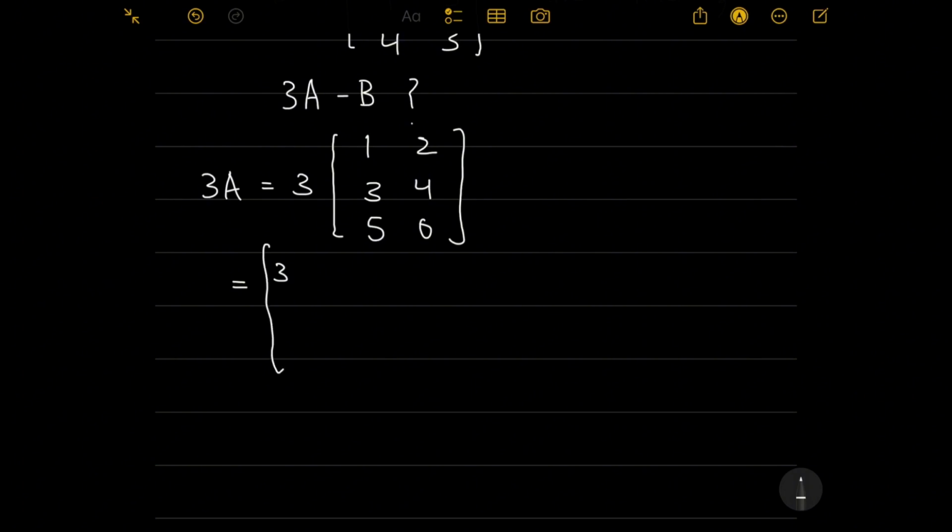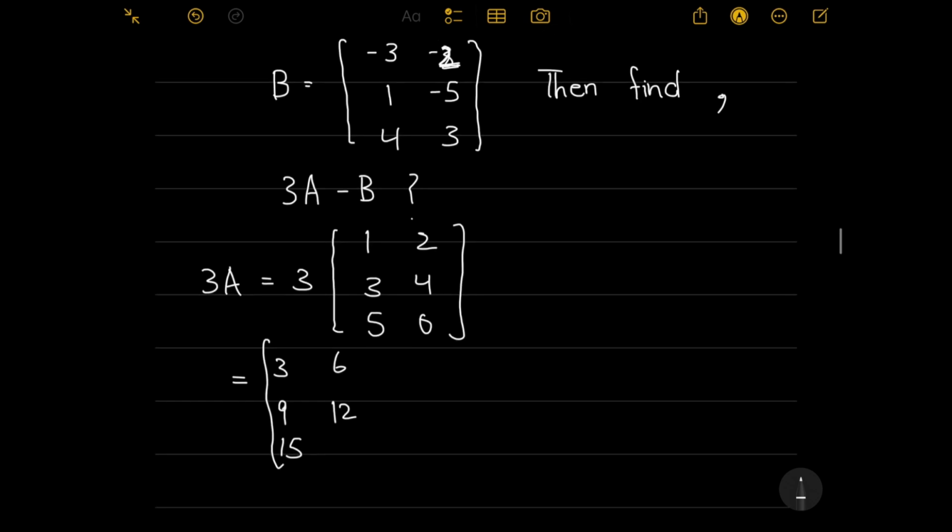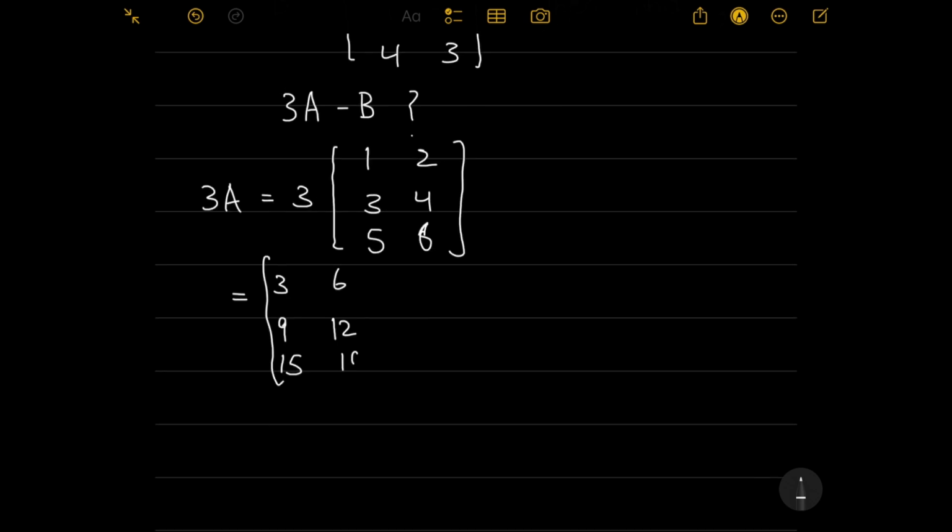So I'm just going to do it directly. 3 2s are 6, 9, 12, 15, and this is 6. So 3 6 is 18. So what we got here is 3A.